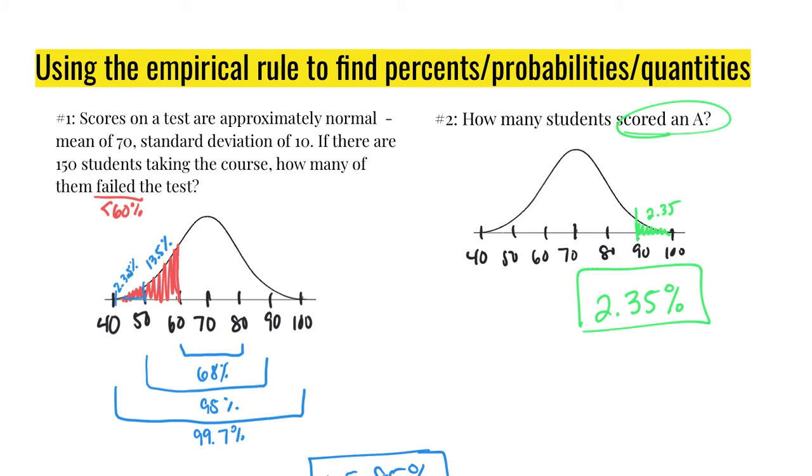So we've got 2.35% in this little area, and then we had a total of 15.85% in this red area. Notice that I am drawing a quick little diagram. I had it ready to go on my slide, but you can always sketch one pretty easily. I'm starting with the mean, and I am labeling 3 standard deviations out. I'm marking the value of interest, and I'm shading the area of interest, and that's a really important piece of showing some work when doing these probabilities.